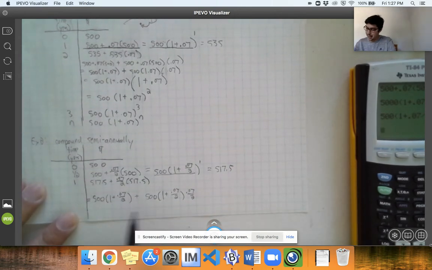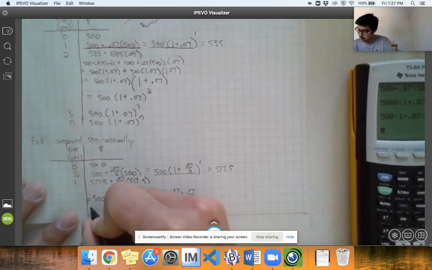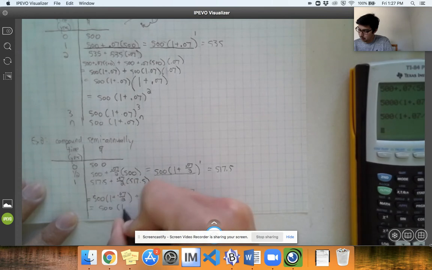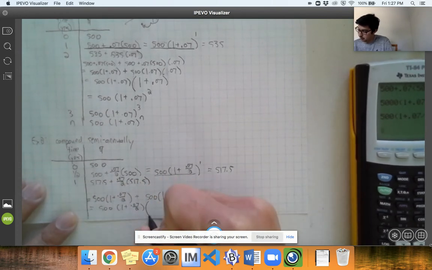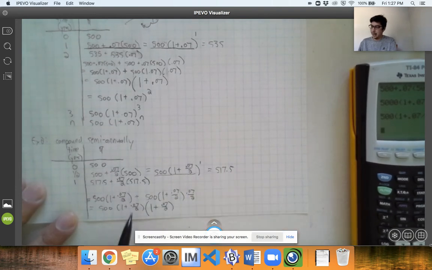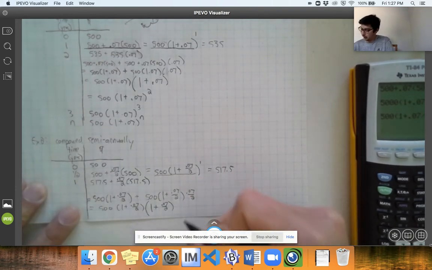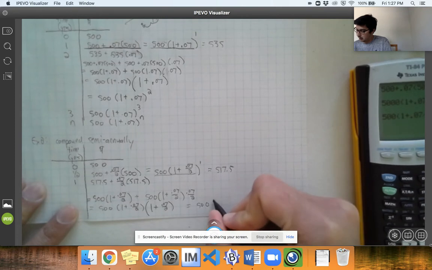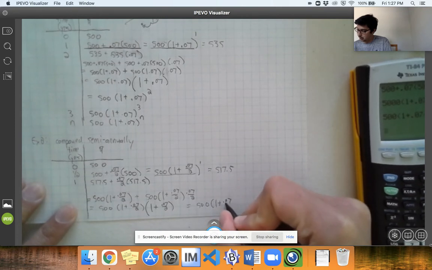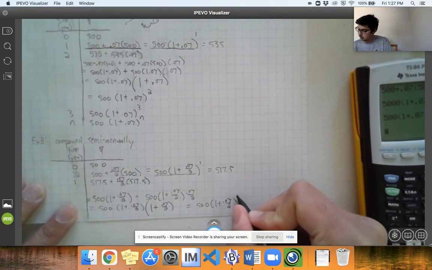And now using math, we can factor this out of both of them and get 500 times 1 plus 0.07 over 2, times 1 plus 0.07 over 2. You factor that out, and that's equivalent to saying 500 times 1.07 over 2 squared.